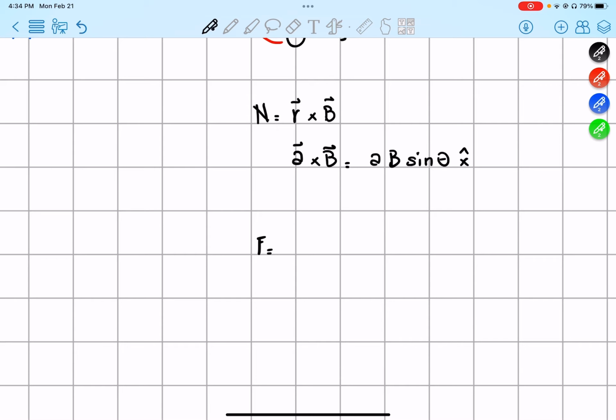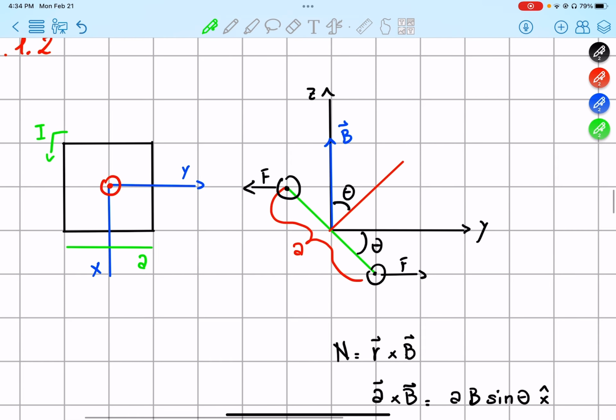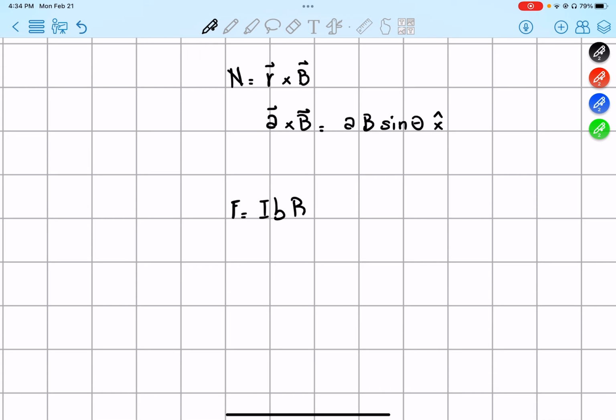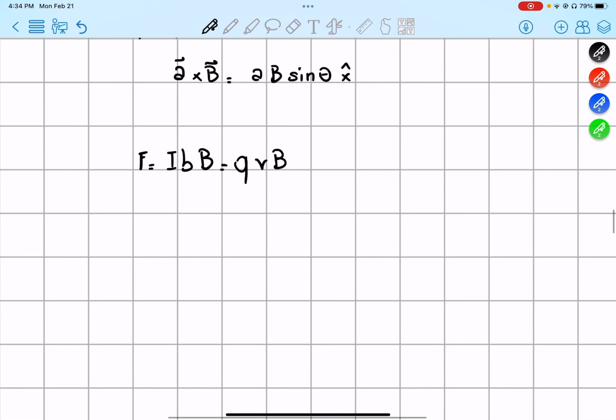is going to be equal to the current times the length of one side. Let's call it B. Actually, B is this side right here. Now it looks the same in my drawing, but just to keep things easier, I B and capital B. Now, if you have doubt about this, you can simply think about it as QvB, which is the formula for a magnetic force.